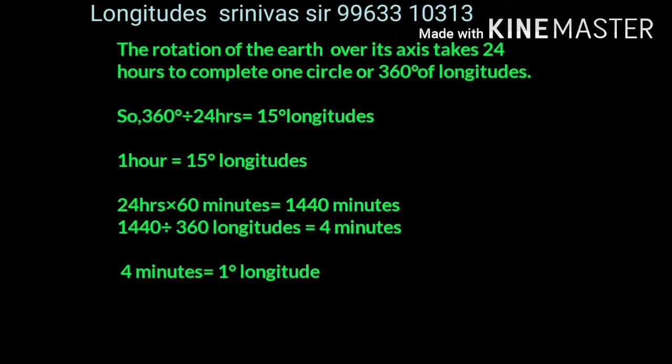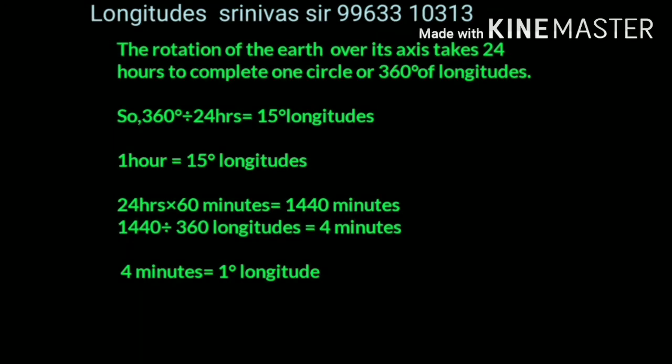We know already the rotation of the earth over its axis takes 24 hours to complete one circle or 360 degrees of longitudes. So 360 degrees by 24 hours equal to 15 degrees. That means the earth takes 1 hour to complete 15 degrees of longitude.